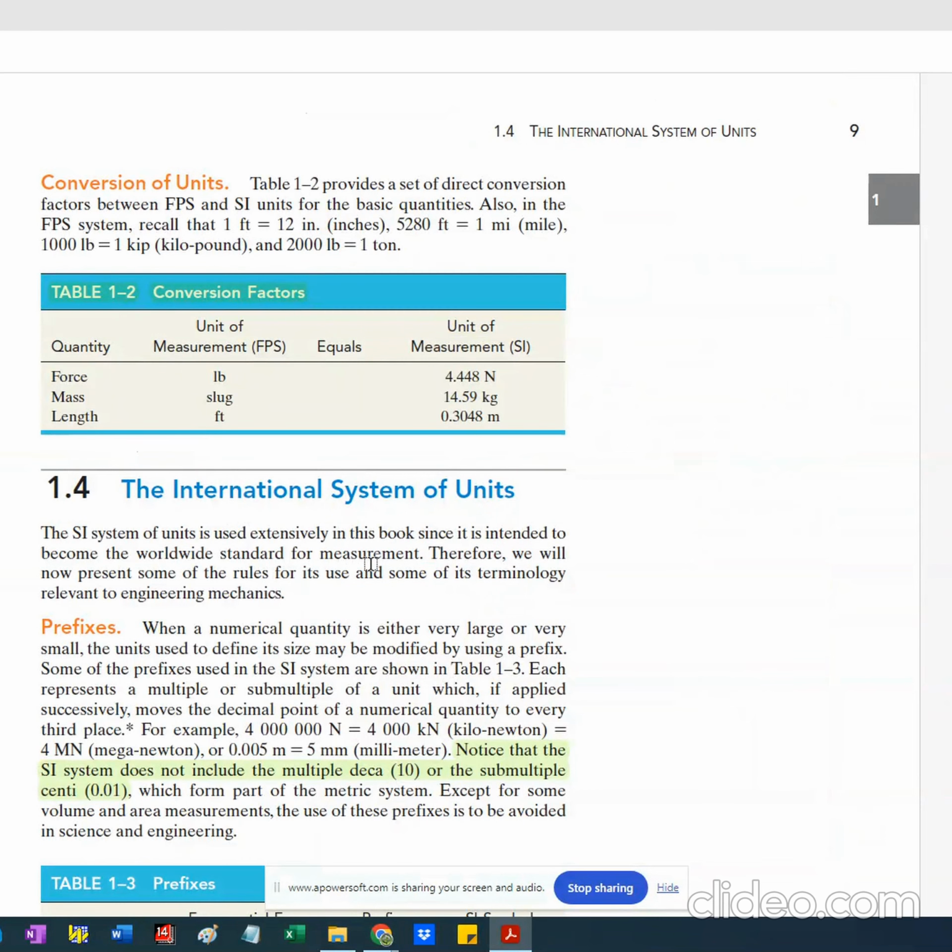Okay, so going between the two systems, we have pound, slug, foot, and the corresponding, so one pound would be 4.448 newtons. One slug is 14.59 kilograms, and 1 foot is 0.3048 meters.